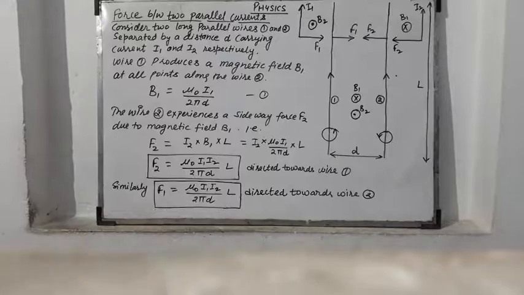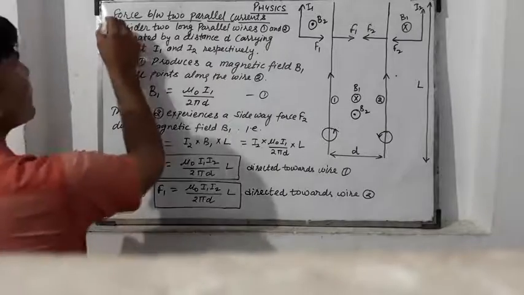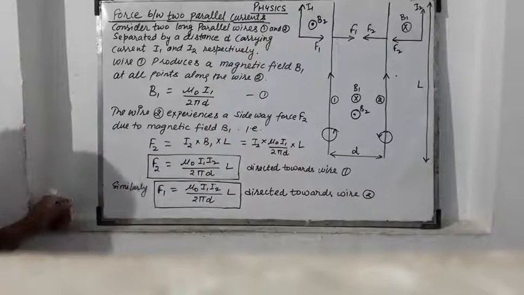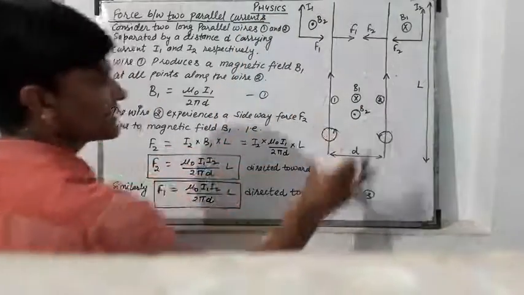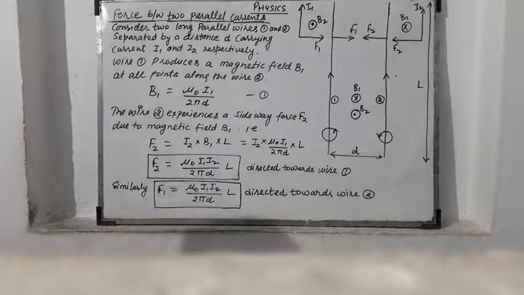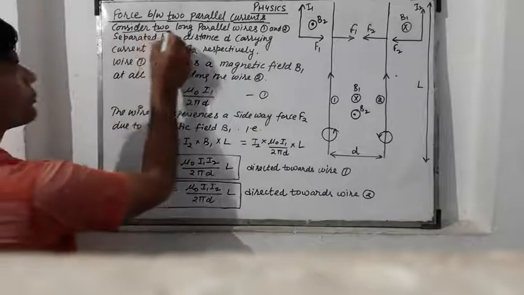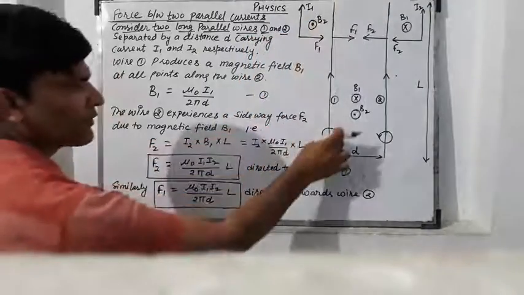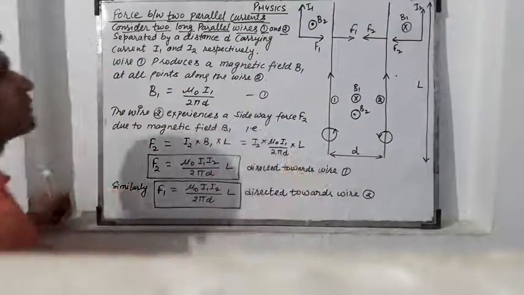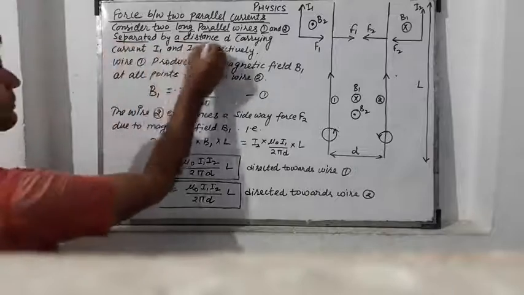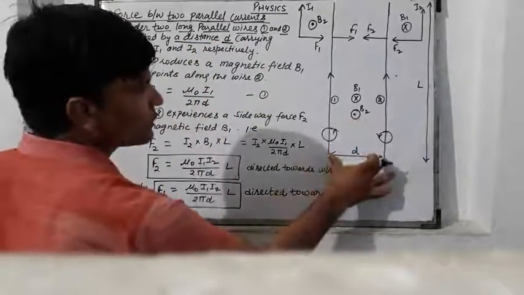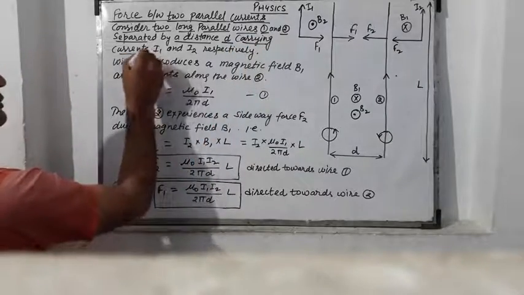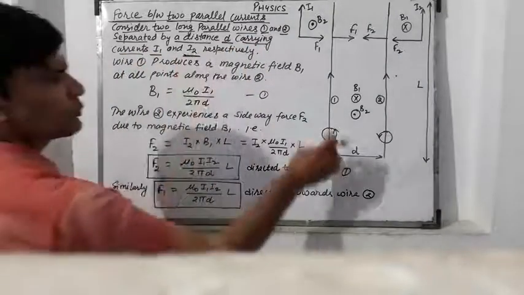Okay, one new topic: force between two parallel currents. For this we have this diagram. In this diagram, consider two long parallel wires 1 and 2, separated by a distance small d, carrying currents I1 and I2.